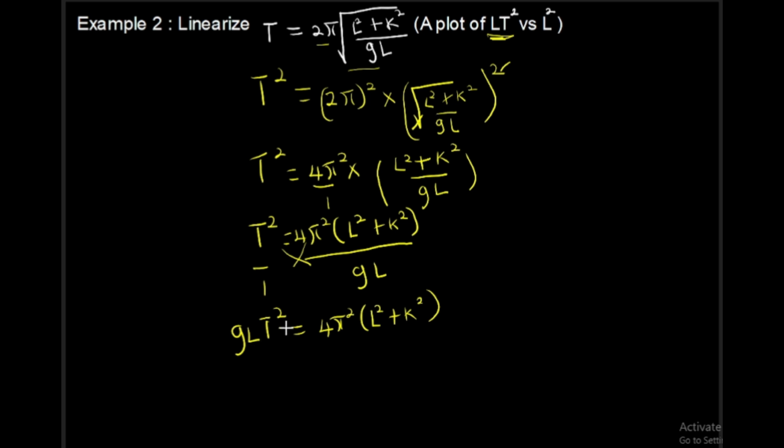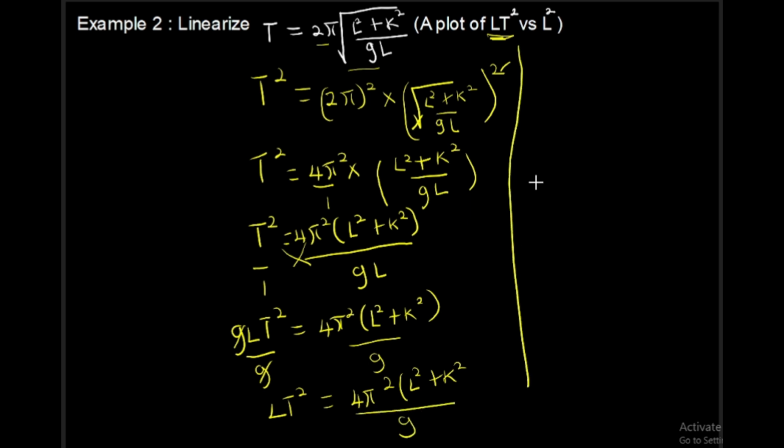We're almost there. So now we divide both sides by G. The G cancels on this side, and we are left with LT squared equals 4 pi squared (L squared plus K squared) all over G.